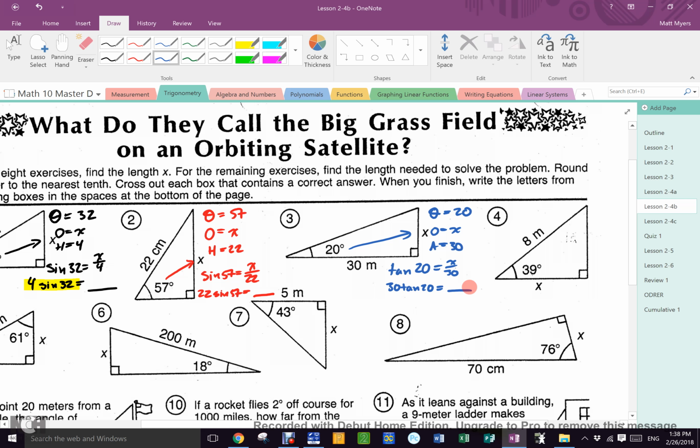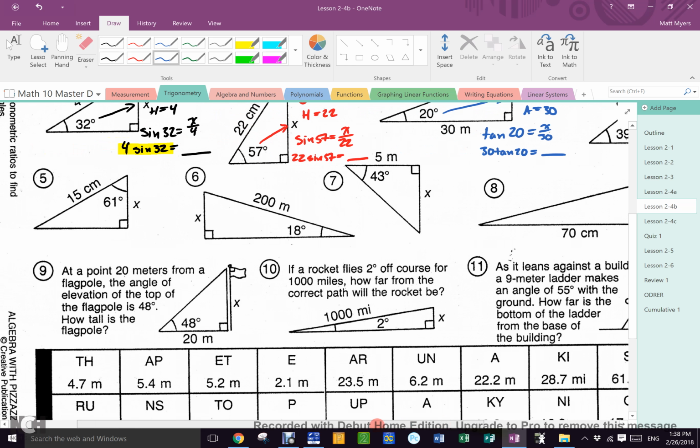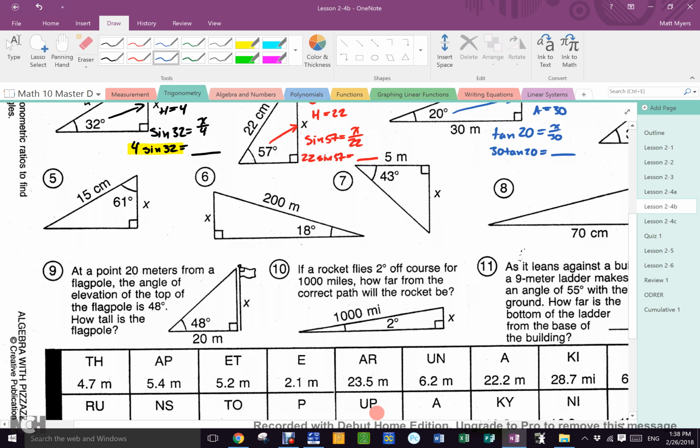Now listen to me. What do you notice about every question on this page? No, we just did a tan. They are all involving what? Triangles. So, let's pretend we're a little later in math and we get a word problem. What should be our first order of business? Draw a triangle.